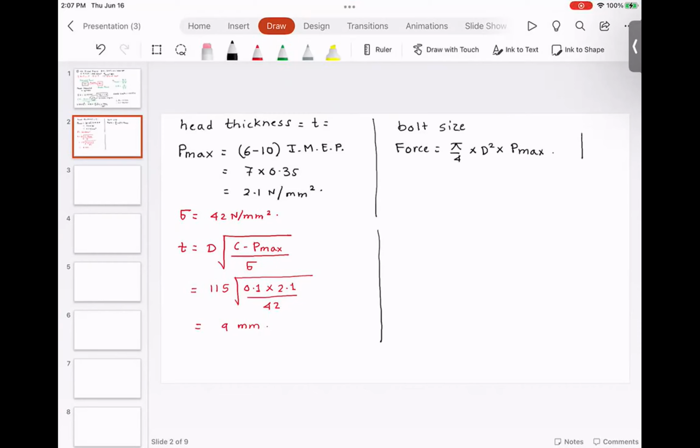So if you look at the cylinder head, the bolts are going to be here, and the maximum force here is pressure multiplied by area. So this equation, pi by 4 times 115 square times 2.1 is 21.8 kilonewton.